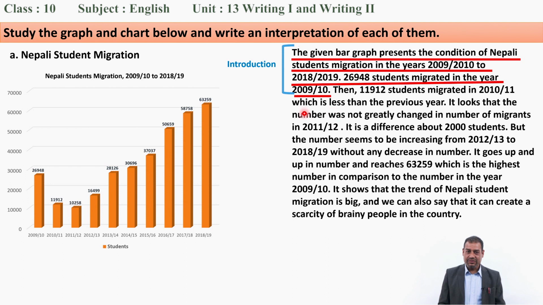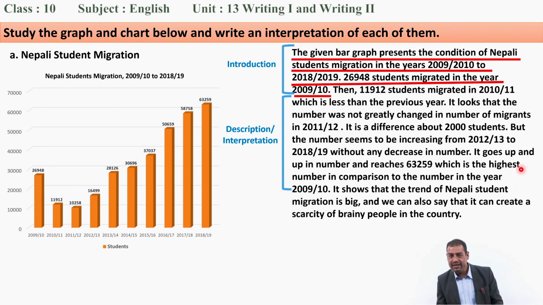Now you can see this middle part, which we have already read also. What do we call this part? Can you tell me? Now you are so smart. Yes, after introduction, we need to have description or interpretation.